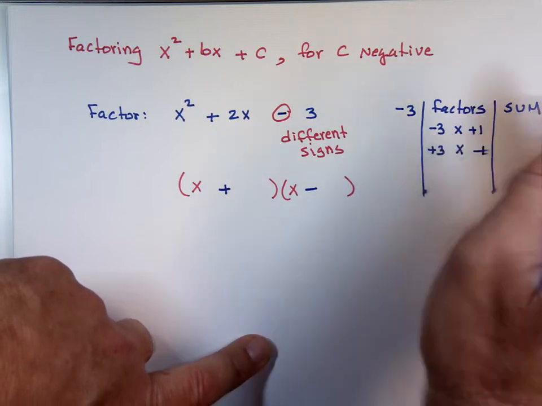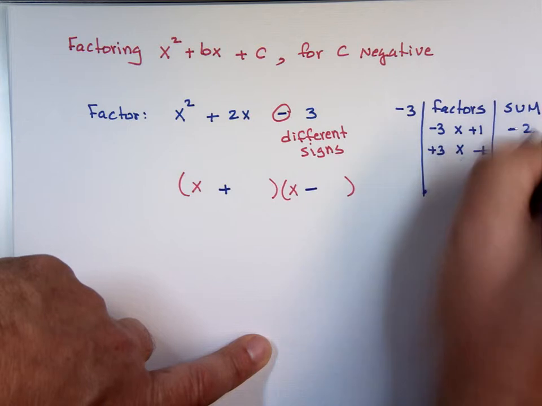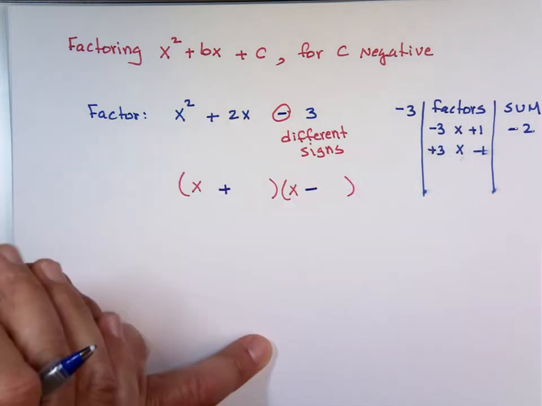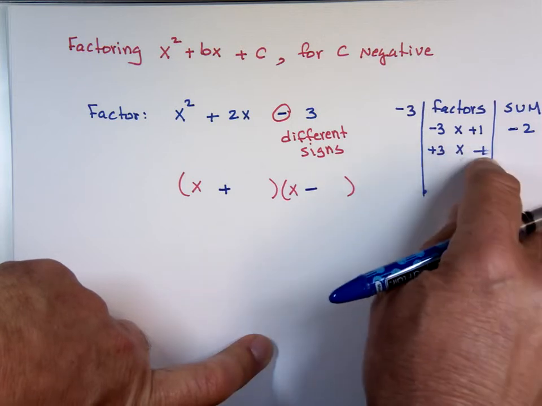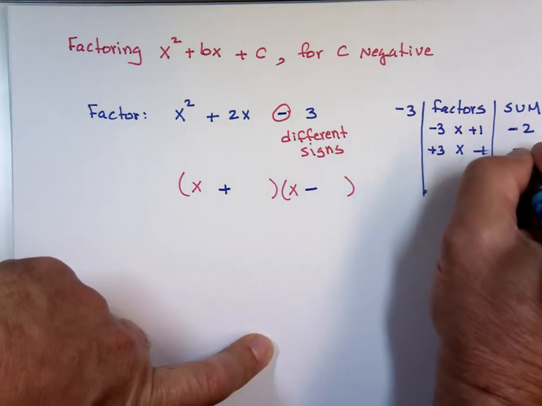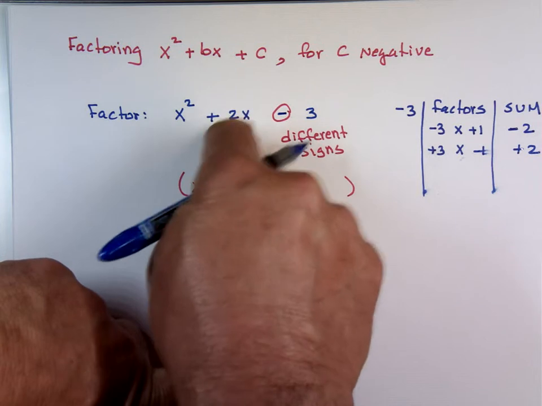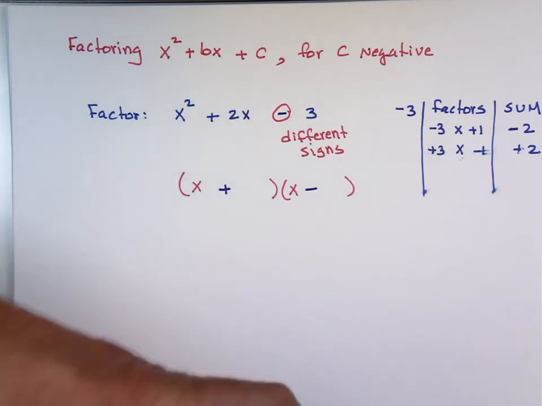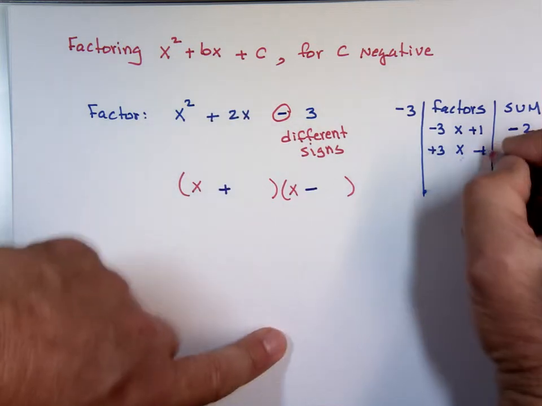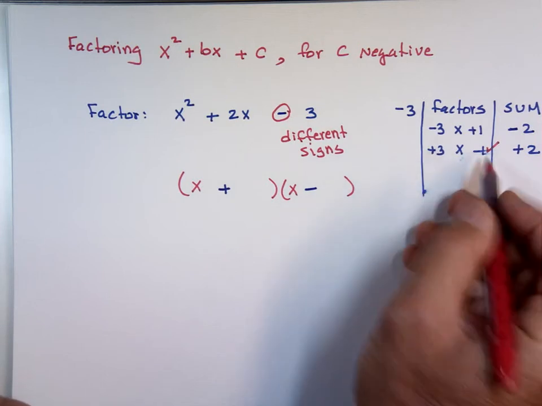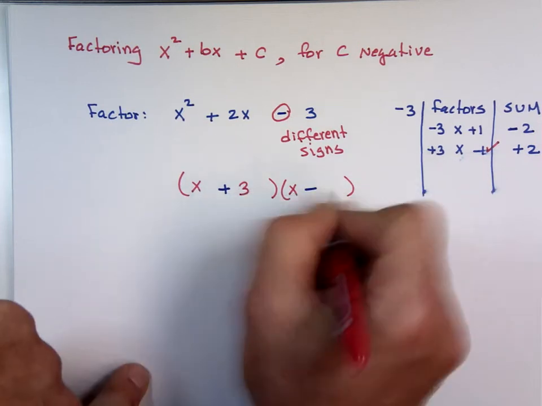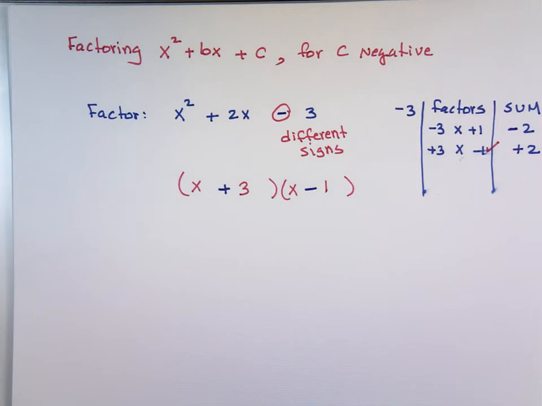That's a negative 2. Nope, I want it to be a plus 2. What is plus 3 added to negative 1? That's plus 2, and that's what you want. So the plus goes with the 3 and the minus goes with the 1. x plus 3, x minus 1.